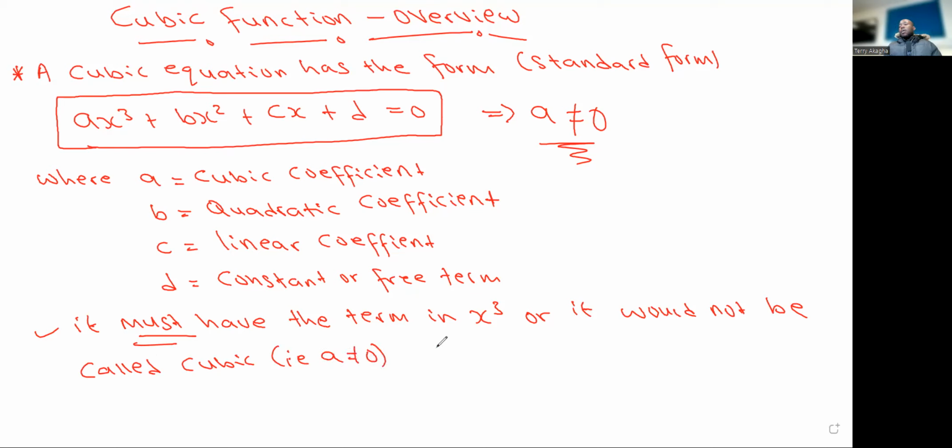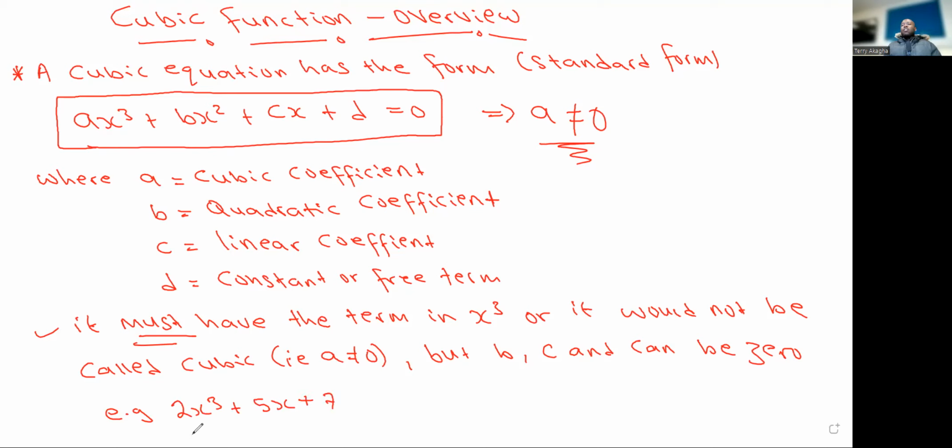So that means a must never be equal to 0, okay? But b, c, and d can be 0. So you can have, for example, something like 2x cubed plus 5x plus 7. Are you seeing it?